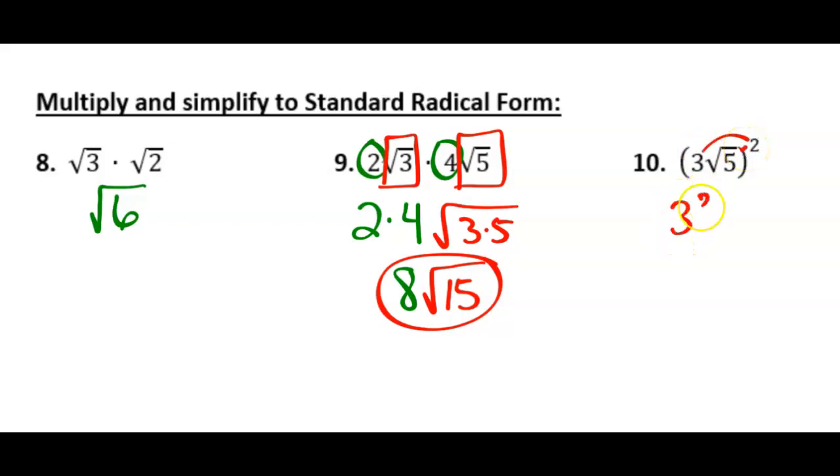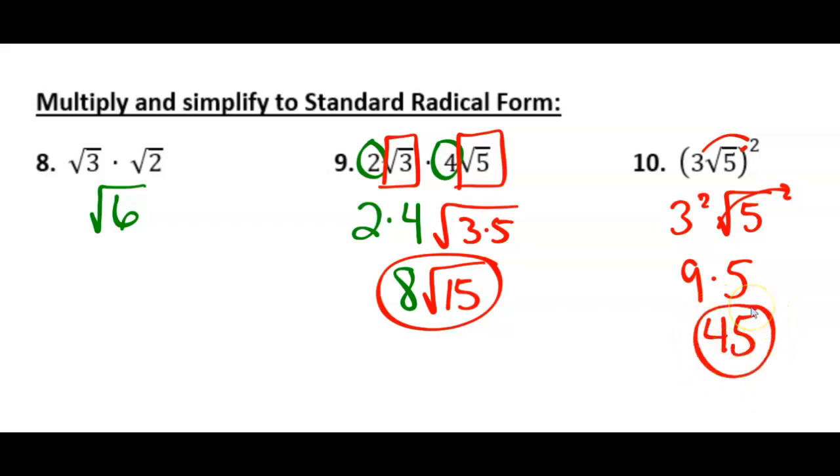So I'd have 3 squared, and I'd have the square root of 5 squared. And if the square root is undone by this square, that can cancel, right? And 3 squared is 9 times 5, and so this is going to be 45.